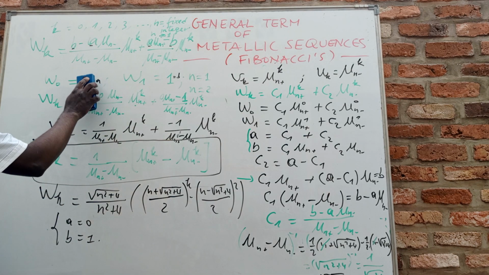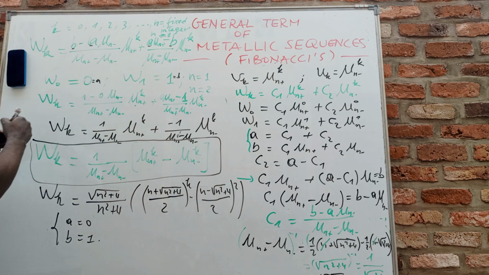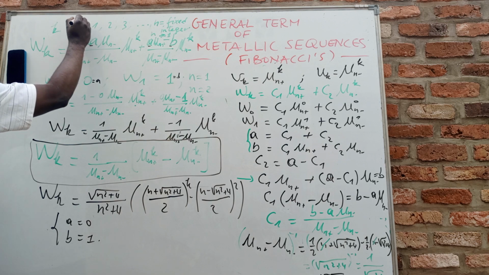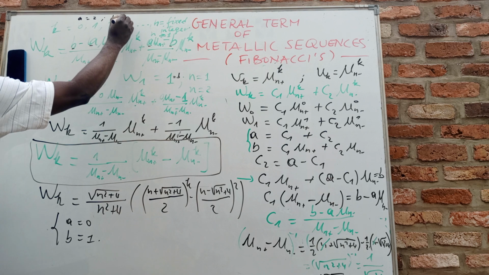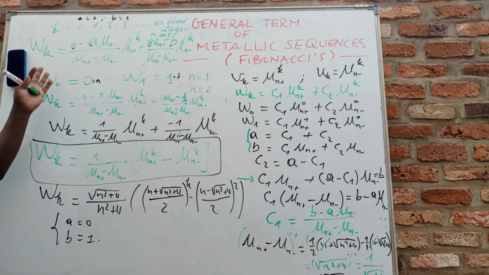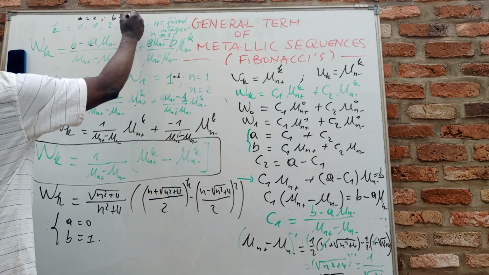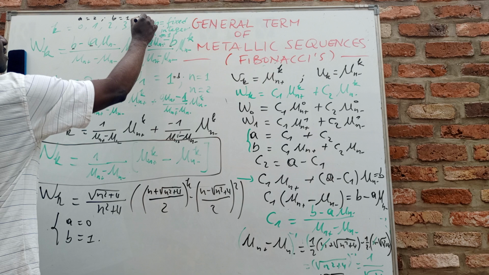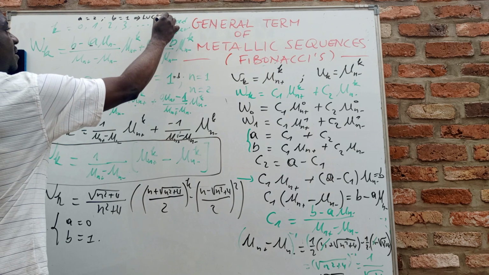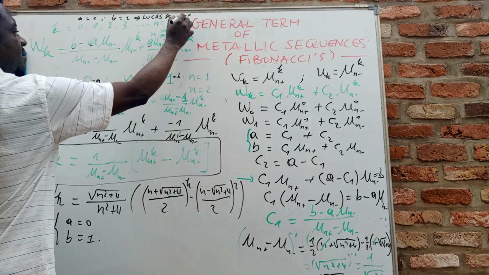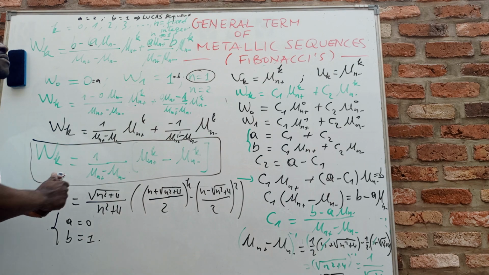In this case, if we take A equal to 2 and B equal to 1, we obtain a metallic sequence known as the Lucas sequence, in case the fixed integer n is equal to 1.